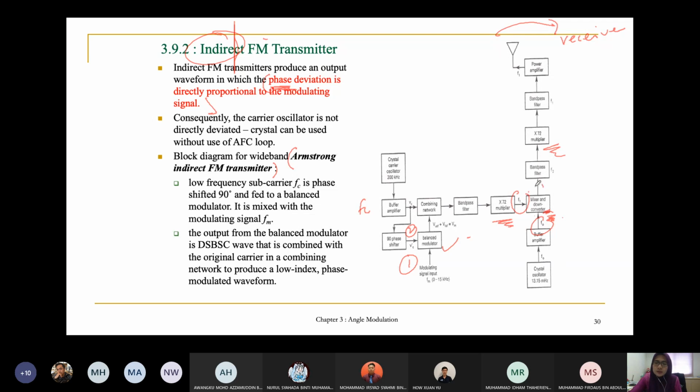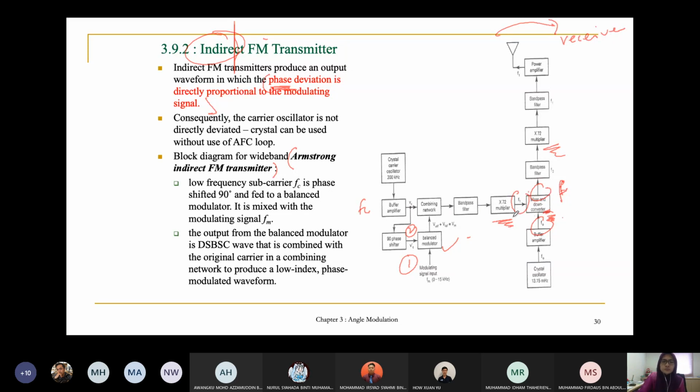But at the output from the heterodyne process, only the frequency is affected. So there will be no changes in the delta F, M, and also Fm.